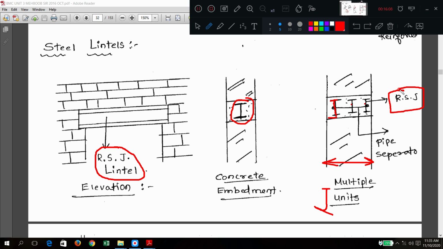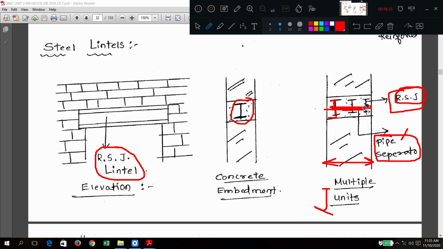So some joining element is also used. So three I sections of RSJ members are placed and are connected using pipe separator. The name given to one structural element which joins the three things.